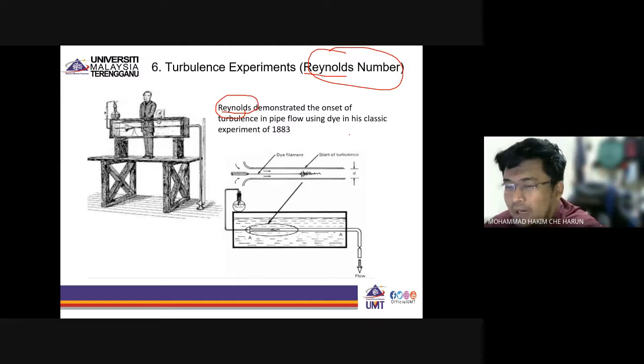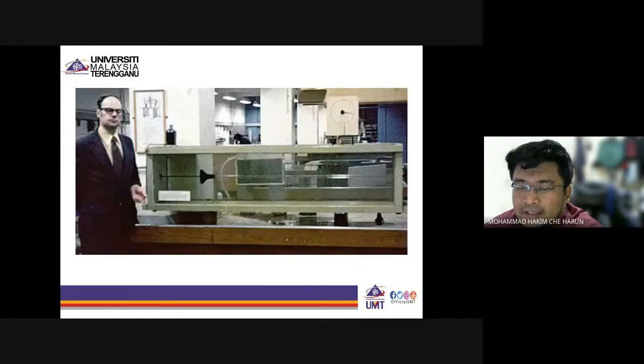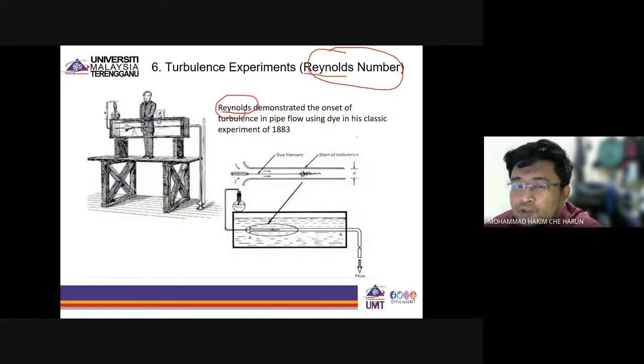I'll show you later. Reynolds established certain conditions, for example the diameter of the pipe, the viscosity of the fluid, the density, and also the fluid flow rate. So he came up with a Reynolds number.